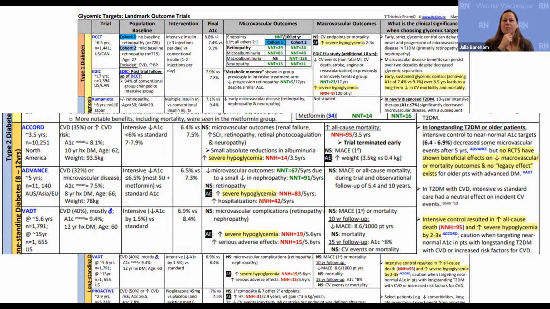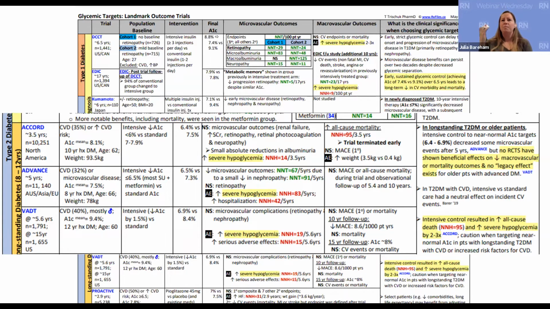So when we looked at 6.4 versus 7.5 as a target for A1C, because that's what people actually achieved, no significant findings for microvascular, macrovascular. Turns out we actually caused more harm than we did good. There was an increased risk of mortality. And then the ADVANCE trial, very similar numbers, 6.5 versus 7.3 were achieved. You know, there's a bit of a different population, perhaps, little improvement in the nephropathy.